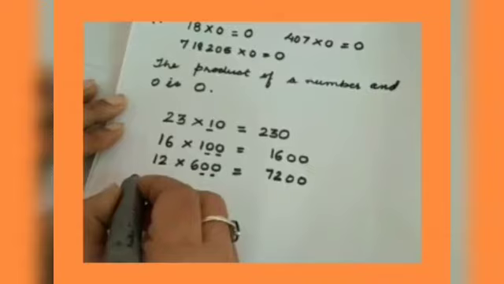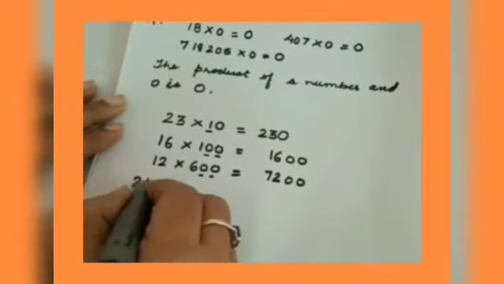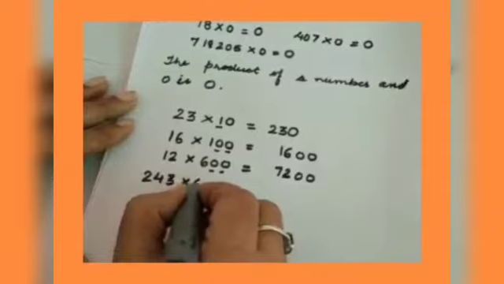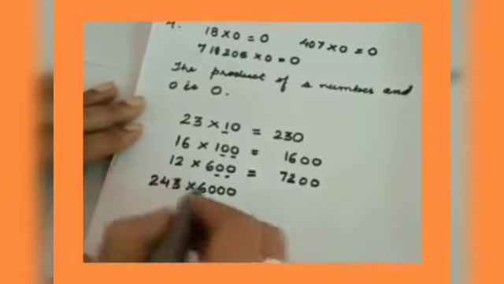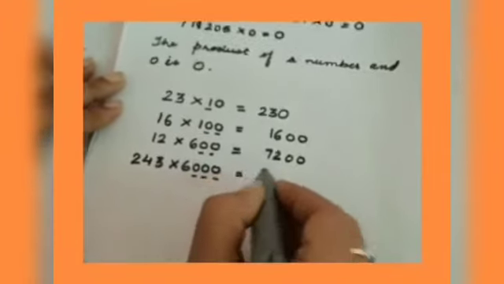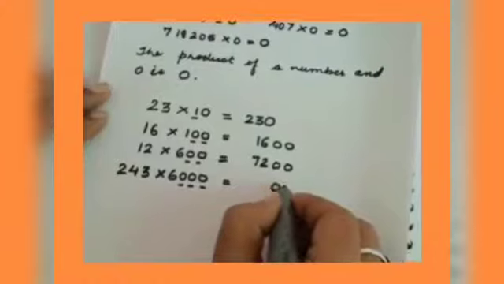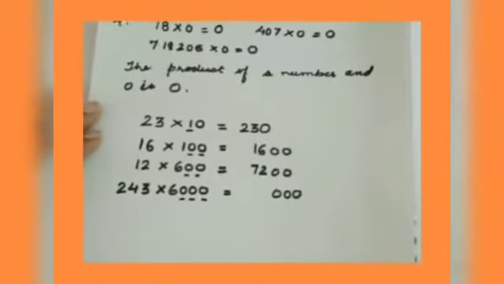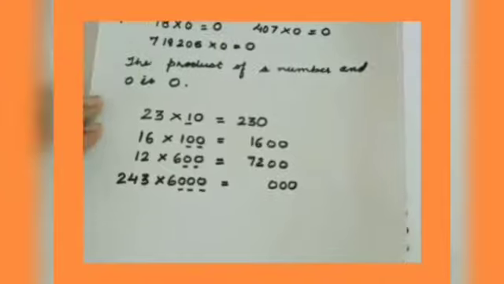If we have a 3-digit number, suppose it is 243, and this is to be multiplied by 6000. Now here we have 3 zeros. So what will I do? First I will write down 3 zeros in the product. Now I will multiply the non-zero part of the multiplier by the number.